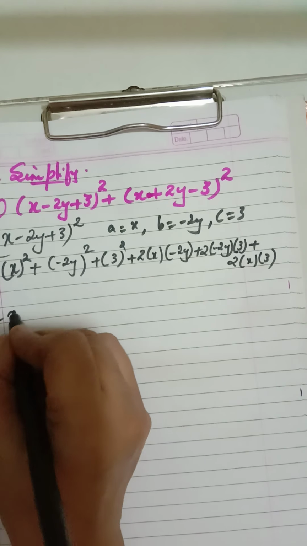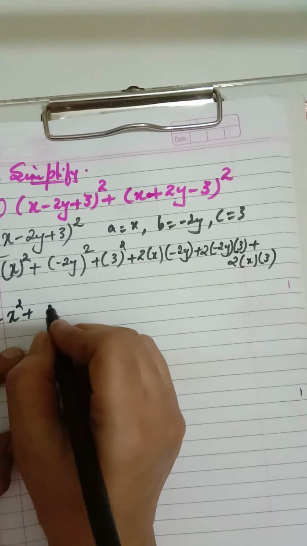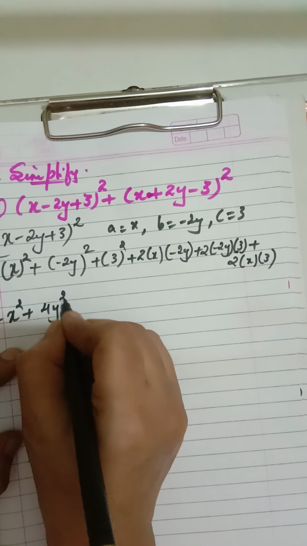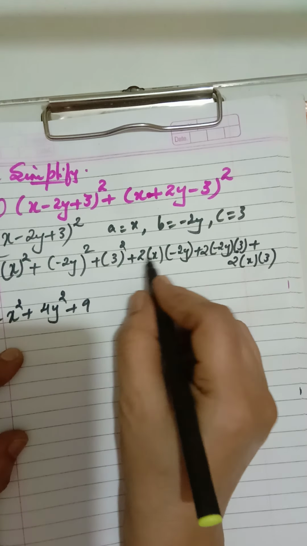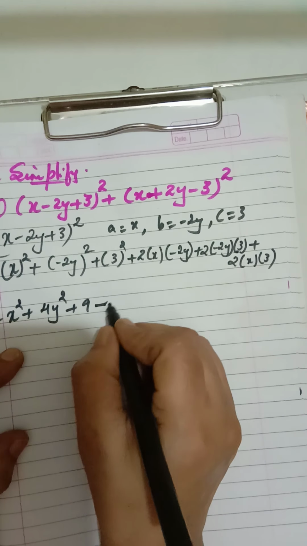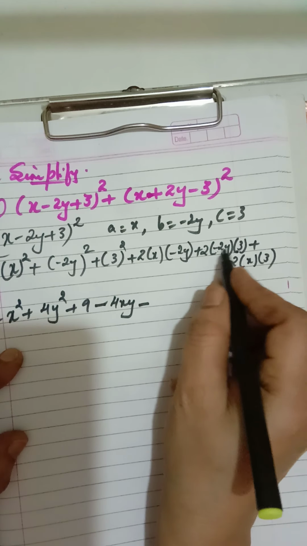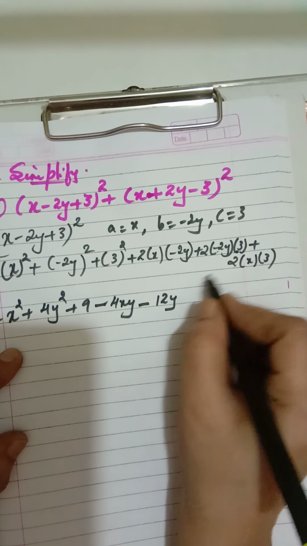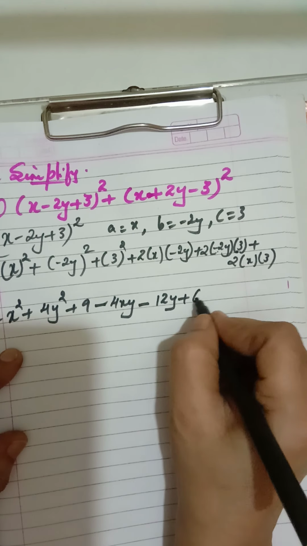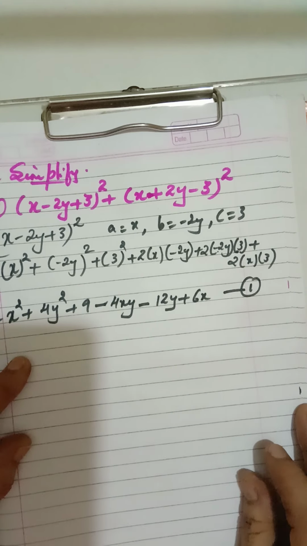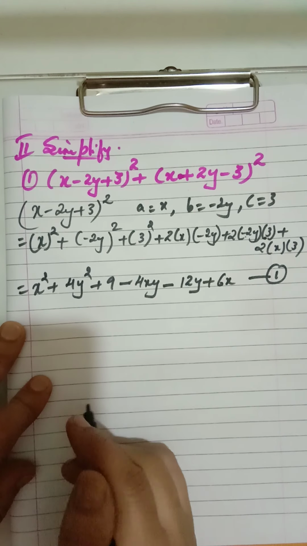So this is equal to x² plus (−2)² becomes 4y² plus 9. Now plus minus minus, 2 2s are 4, 4xy, again plus minus minus, 2 2s are 4, 4 3s are 12, 12y, plus 6x. So this is your first expansion.